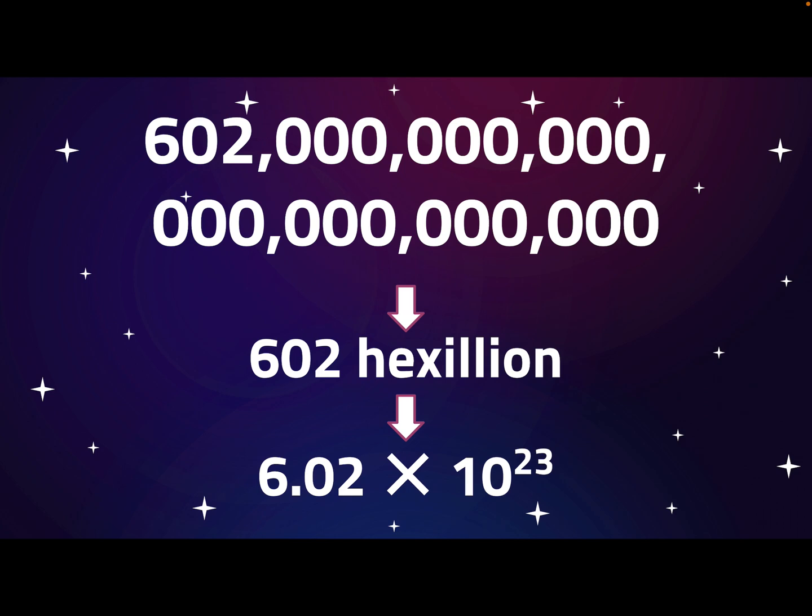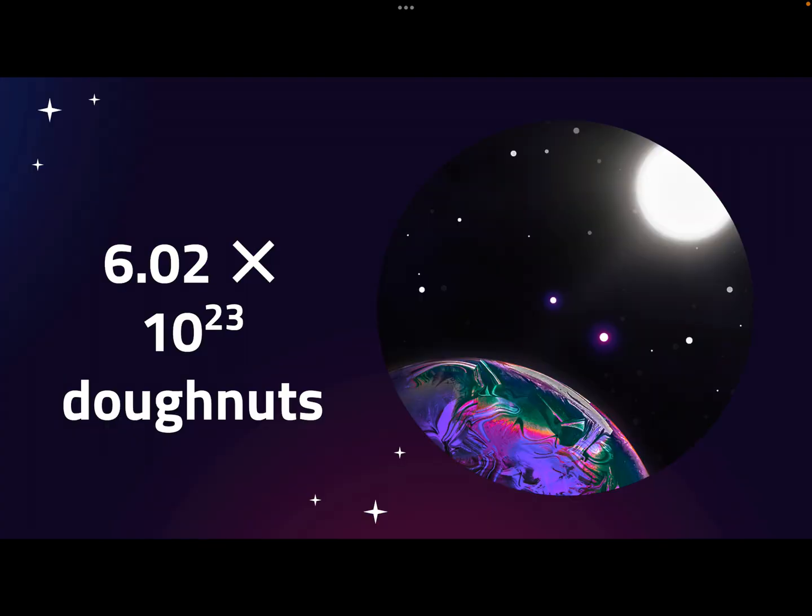But if I said, hey, go grab me 1 mole of pencils, you would bring back 6.02 times 10 to the 23rd pencils. The problem is, this is a bigger number than I'm sure you have ever encountered in your life. So let's see if we can try and put it into an amount of space, like how much space this would take up, to kind of make it make sense.